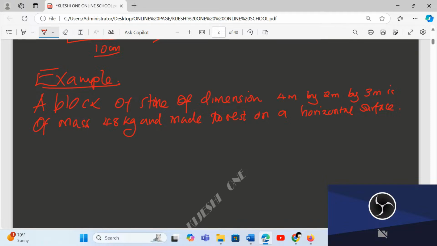Then method number 1, calculate the minimum pressure it exerts on the surface.